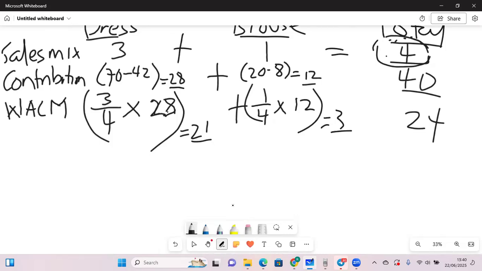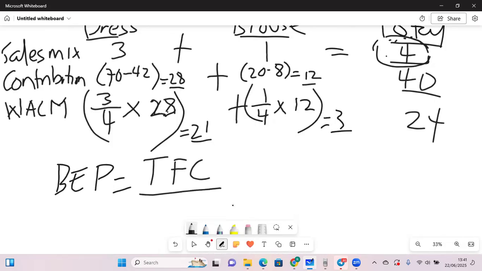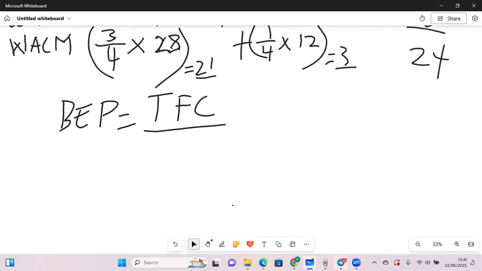Okay, so now we've been able to find the weighted average contribution margin. Now we can find a new break-even point. Remember break-even is total fixed cost over contribution, but here it is for the mix. So break-even point in units is going to be the total fixed cost, TFC, all over the weighted average contribution margin that we just solved for.